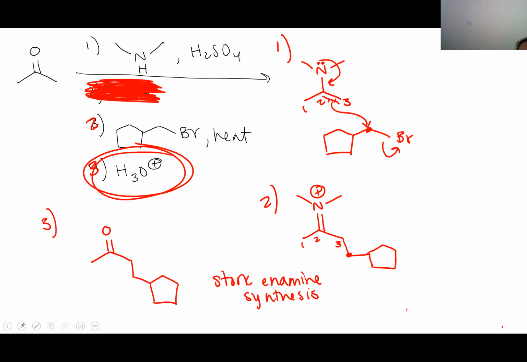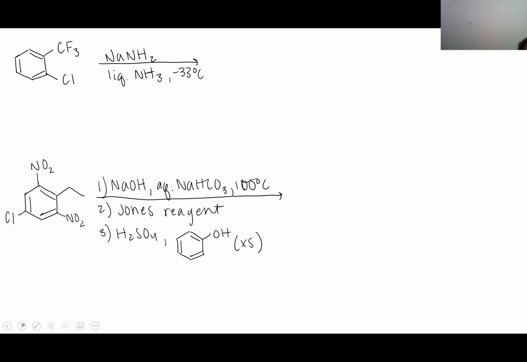Okay, so we gotta move on because we're definitely running out of time here. What's happening in this top reaction? The chlorine is going to be removed. So what's the overall reaction here? What category does this fall under? Yep, elimination?